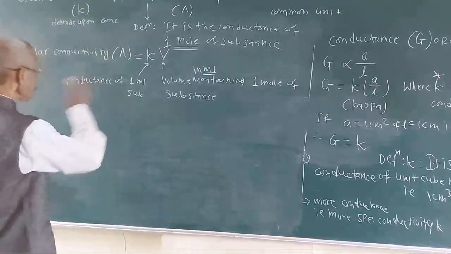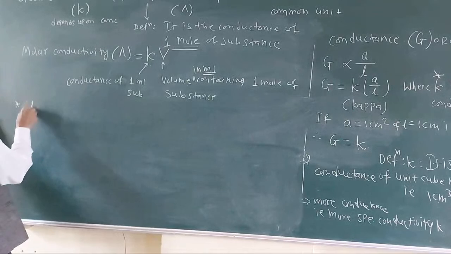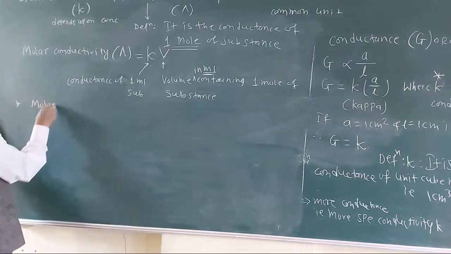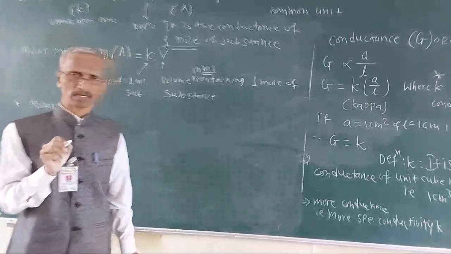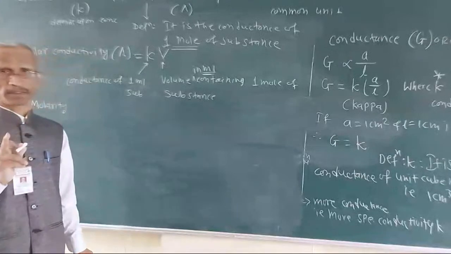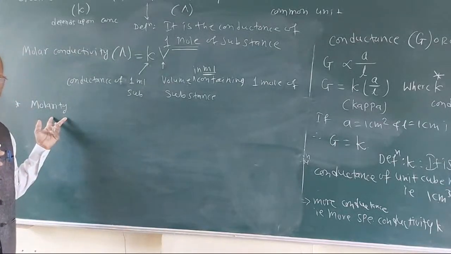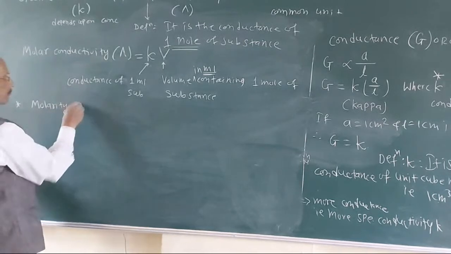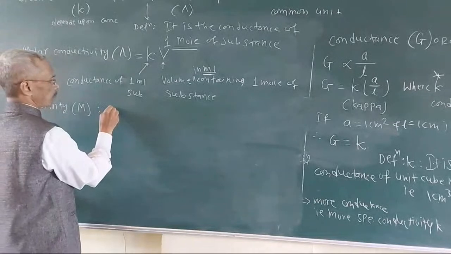Now further, consider what molarity is. As you know, the concentration of the electrolyte is measured in molarity. This is one of the very important units of concentration, M. What is the definition? That is the number of moles.